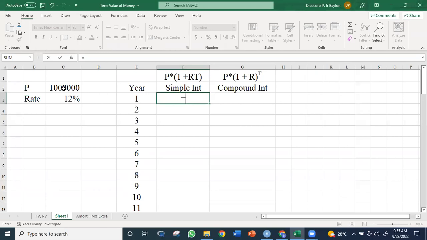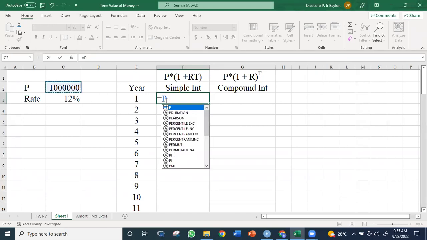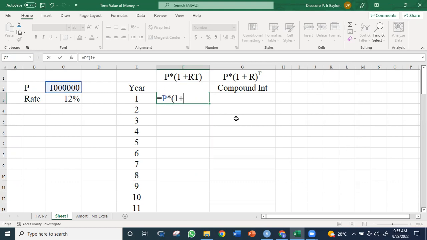So we have P, that's the principal. You notice that it's using P, and then times 1 plus your rate is this one, right? And we gave it a name. And then we multiply this by the time here.